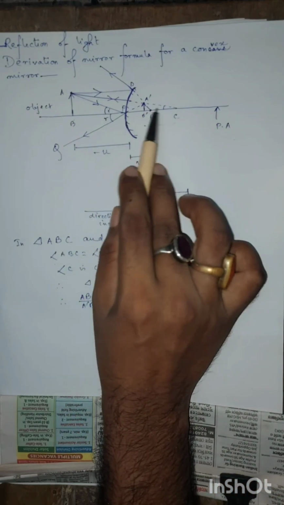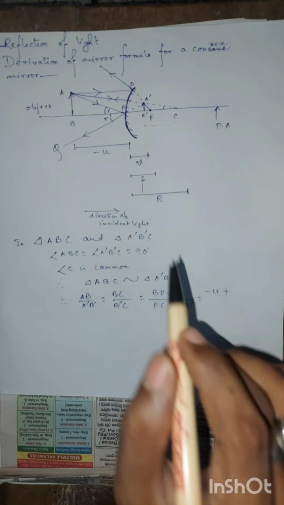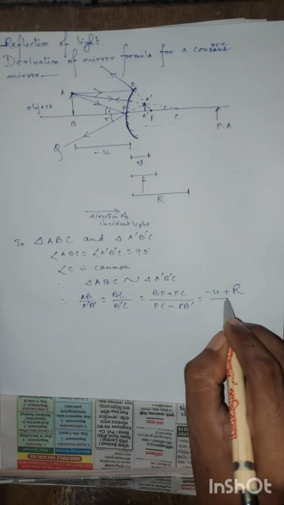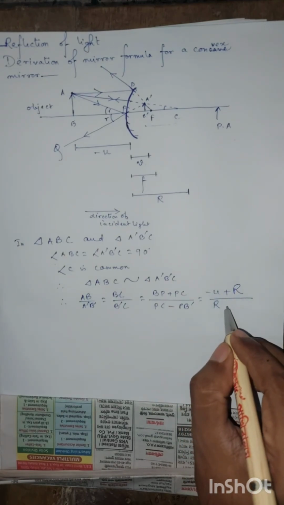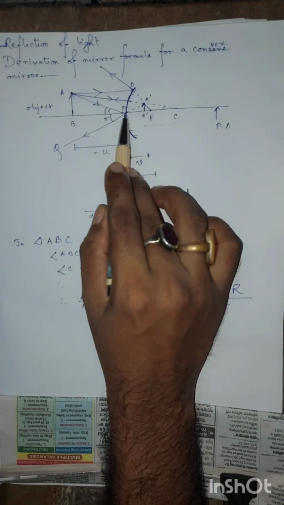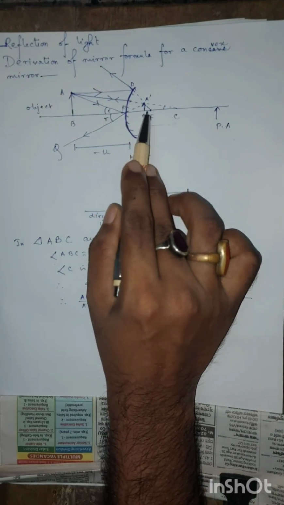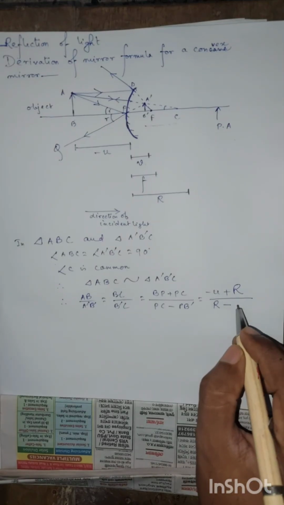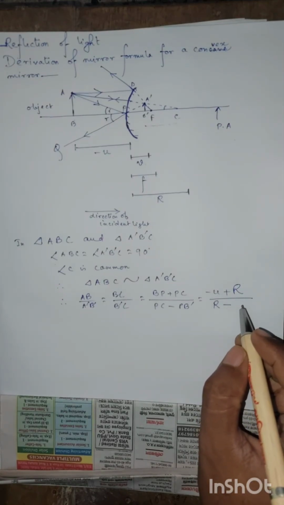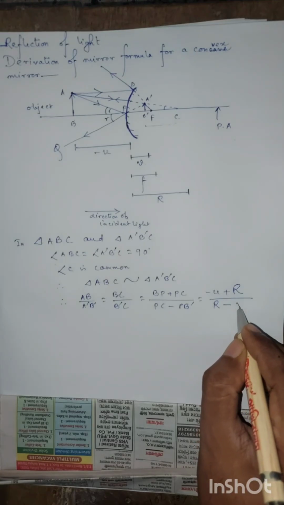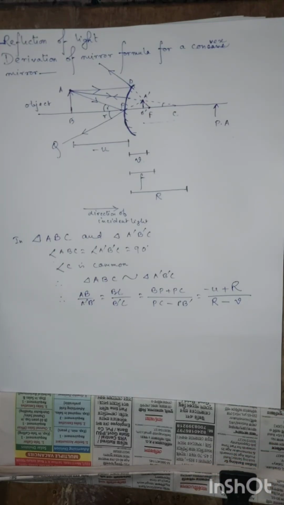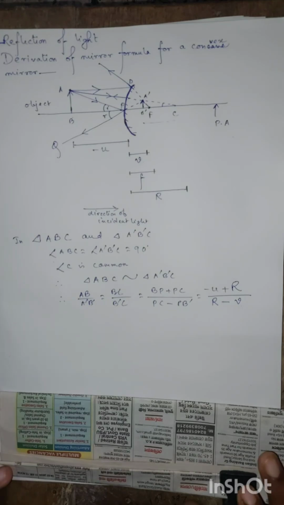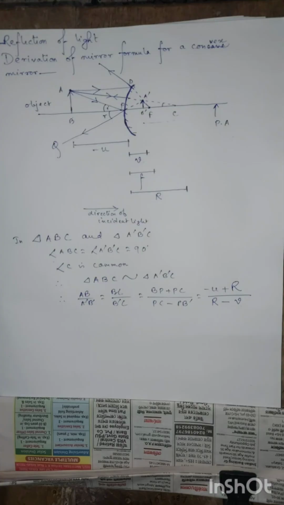PC is equal to the radius of curvature, which is plus R. Again PC minus PB dashed, where PB dashed is the image distance, that is plus v. So this is what we are getting.